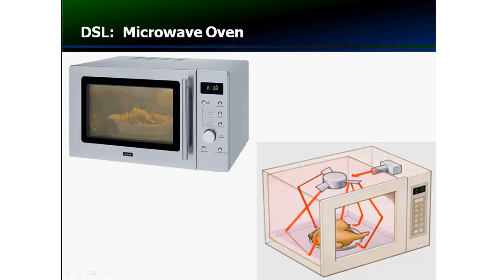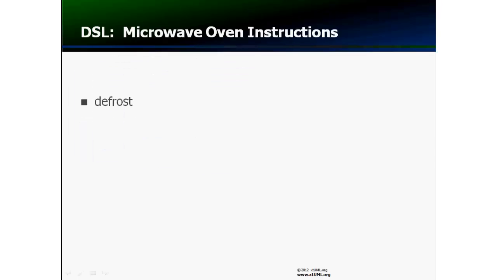Now, the way that the microwave oven is going to be used when a user wants to cook a particular meal cannot be predicted by the oven manufacturer. Therefore, he supplies a user interface that allows the user, in effect, to program the microwave oven using a domain-specific language. Now, the set of instructions that a microwave oven can execute are fairly simple, and there's only a few of them.